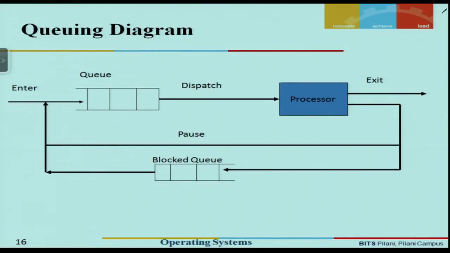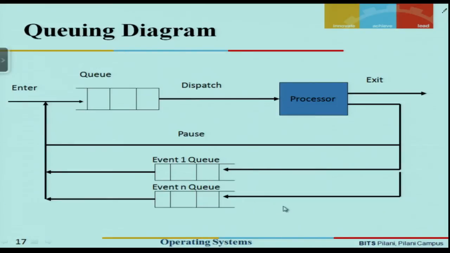For this reason, it was proposed, and it is adopted in many operating systems, that instead of maintaining a single queue for keeping track of all the blocked processes, we maintain an individual queue for each device. So a system will have as many queues as there are devices. This is indicated with the help of a fresh diagram.